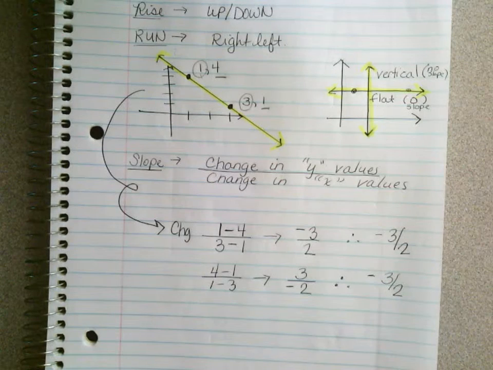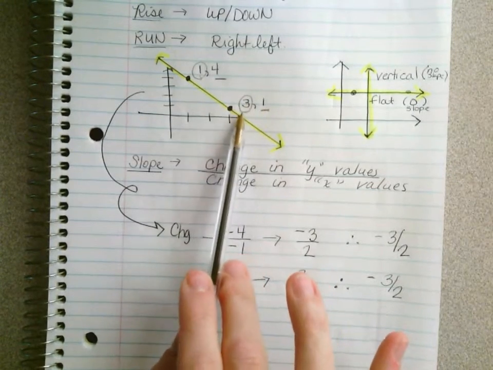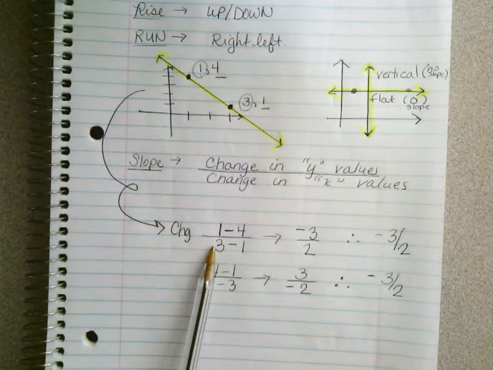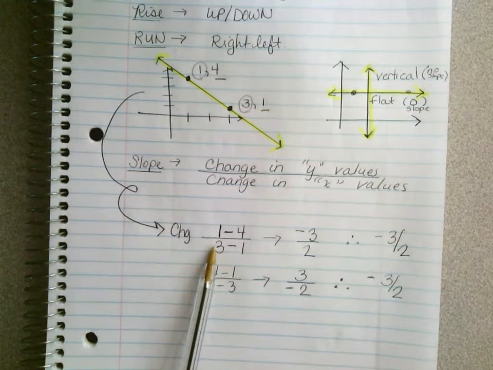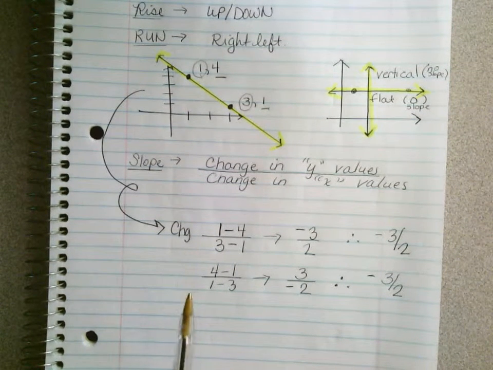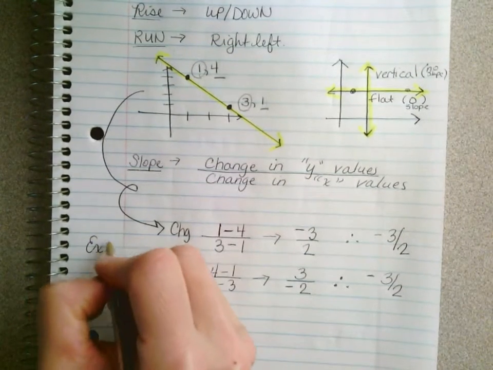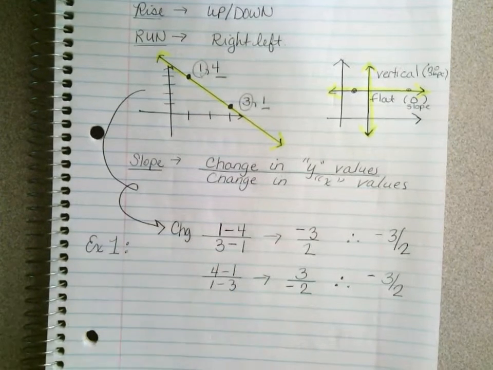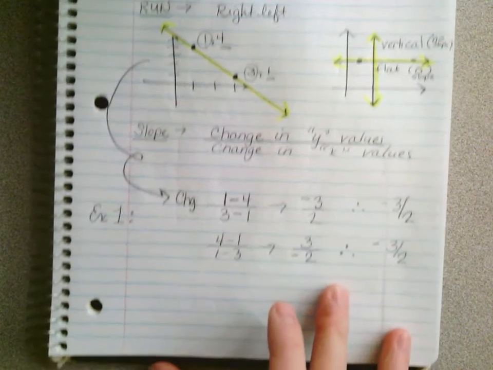As long as whichever one you select to go first is also selected in the denominator position, the same coordinate set, you'll be correct. Either way, it's fine. And so this is very similar to what example 1 is. It's taking a pair of coordinates and finding slope. Okay? There's slope. We'll do one more just like it.